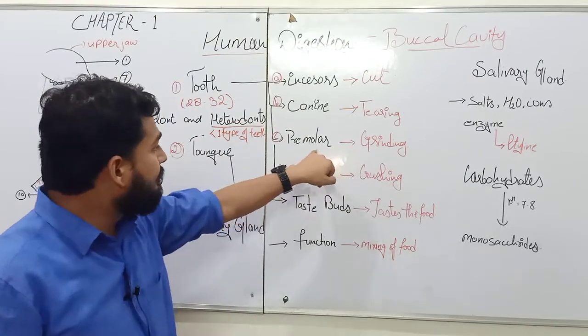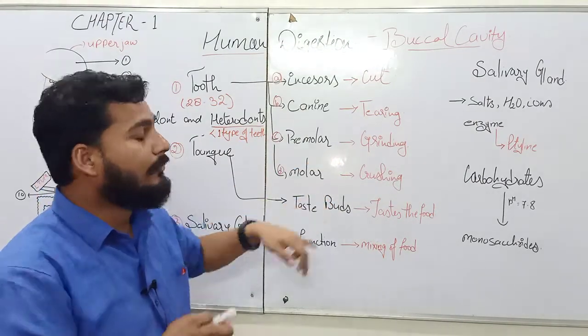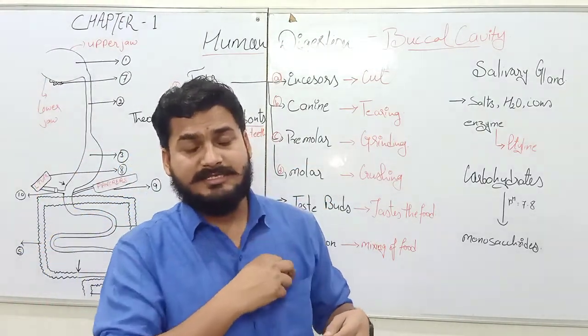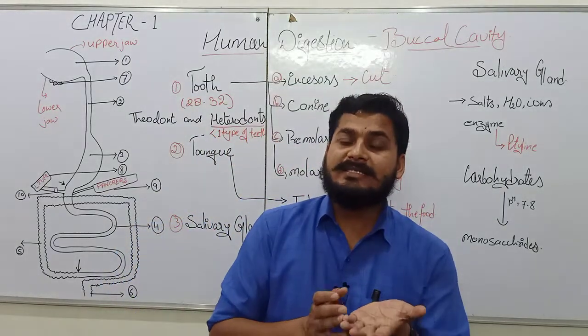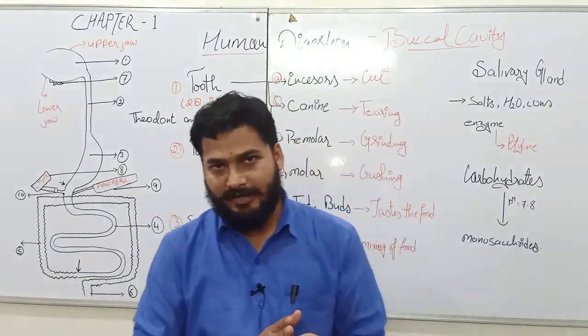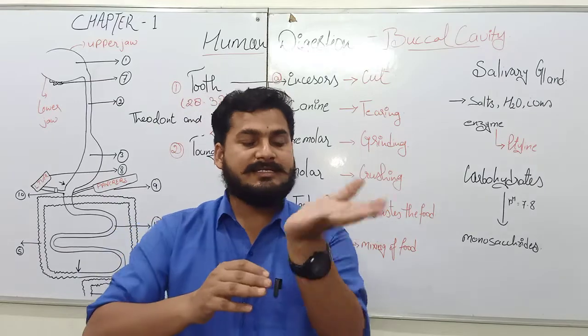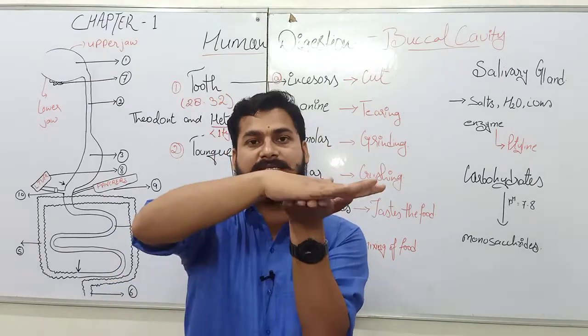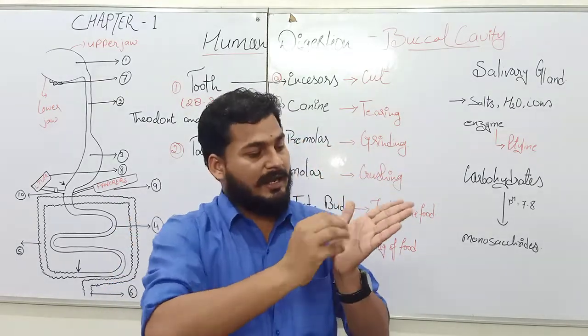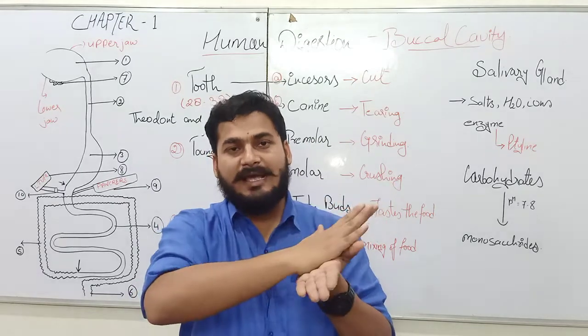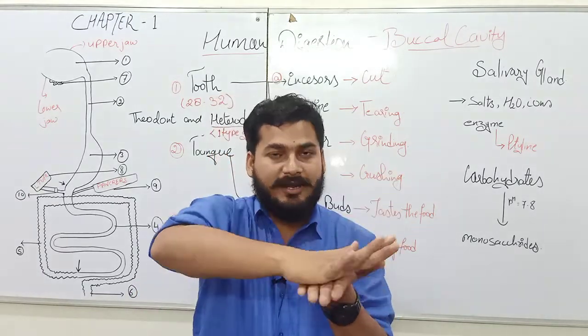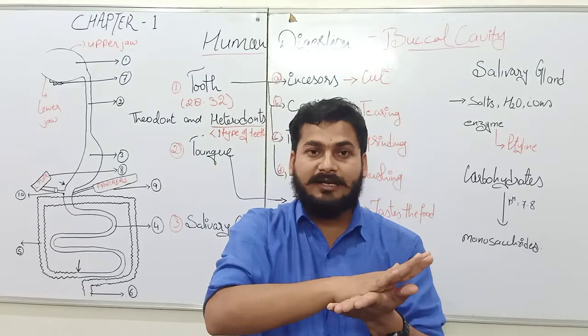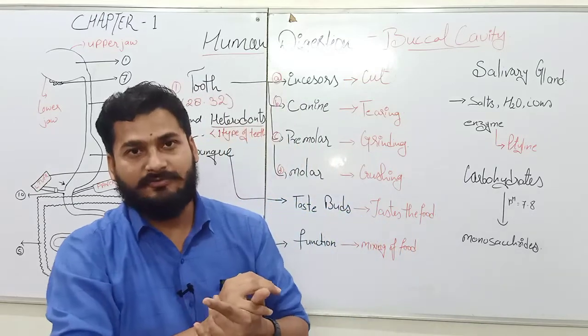Then come premolars and molars. Premolars and molars are designed somewhat differently. They have a grooved surface so that they can grind the food and convert it into a paste form.